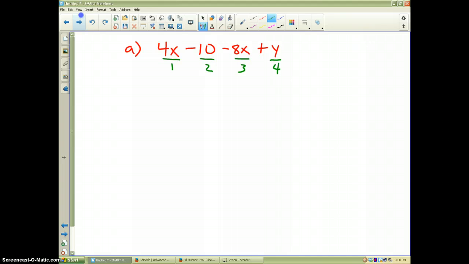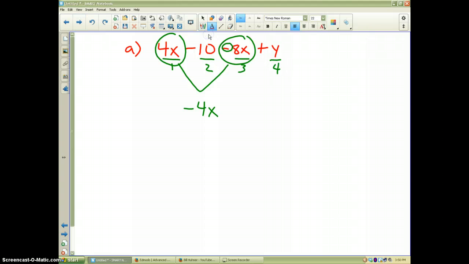Which ones are alike? Obviously, only the terms that have the x in it. They're the only ones that look the same as far as the letters are concerned. So I can combine those together, and I have 4x's minus 8x's, which is negative 4x. There is no other terms that I can combine.